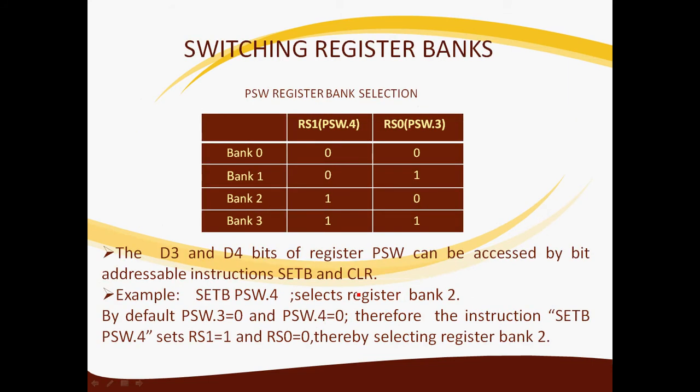Register bank 0 is set when both the fourth and third bit, that is PSW.4 and PSW.3, are 0, and for the other combinations, 0 1, 1 0, and 1 1, register banks 1, 2 and 3 can be set.